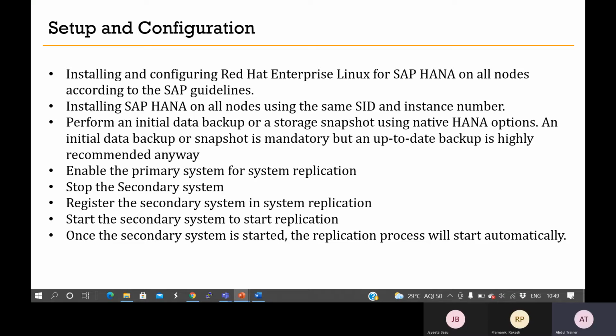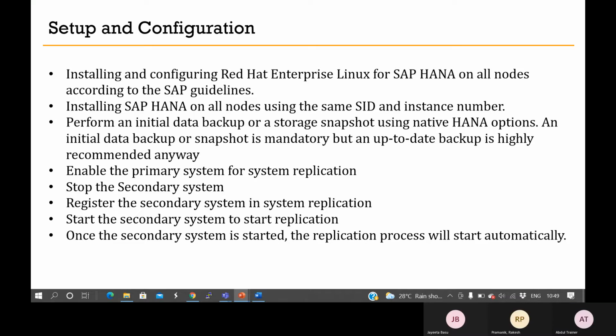During the registration, we provide the replication mode, the operation mode we will be using, the host name of the primary, the instance number of the primary, and the site name of my secondary. This information we provide. Once we execute it, we start the secondary system.